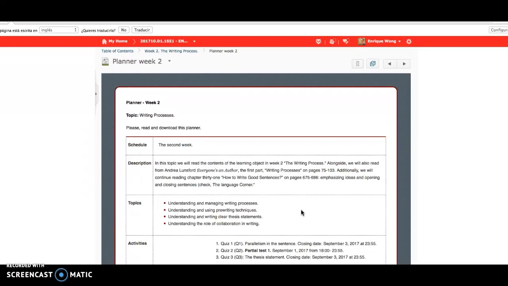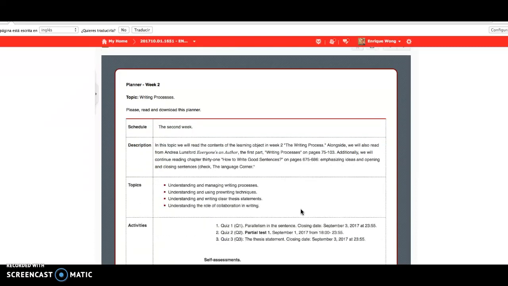The topics are understanding and managing the writing process, using writing techniques, using thesis statements, and understanding the role of collaboration in writing.